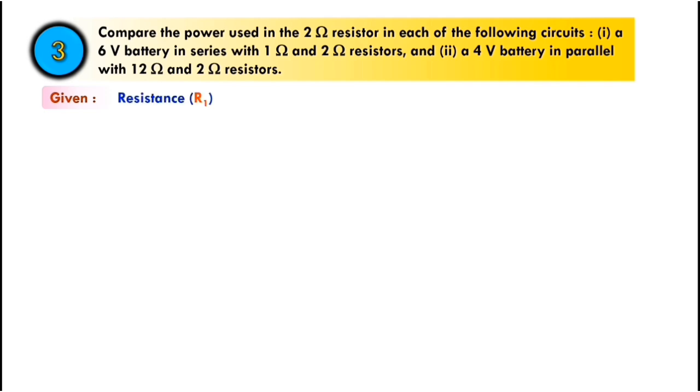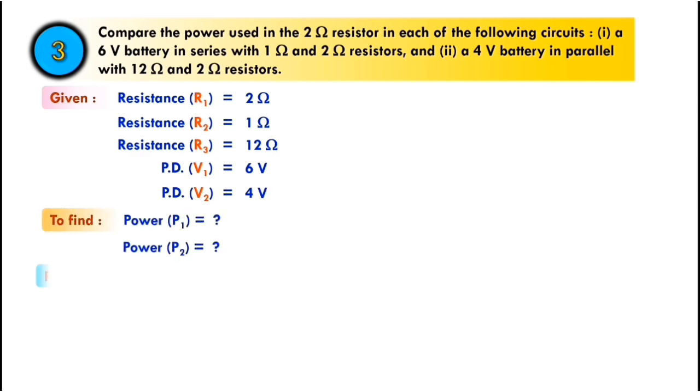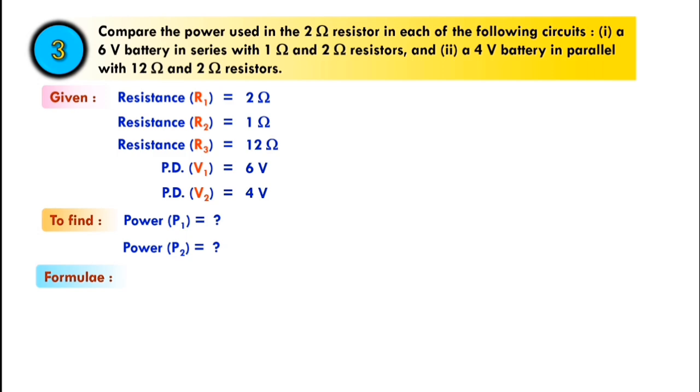So now see here, we are given resistance R1 equal to 2 ohm, resistance R2 equal to 1 ohm, resistance R3 equal to 12 ohm, and potential difference V1 is 6 volt and V2 is 4 volt. So what we have to find? We have to find power 1 and power 2. Now see the formula we will be using. Effective resistance in series, RS equal to R1 plus R2.